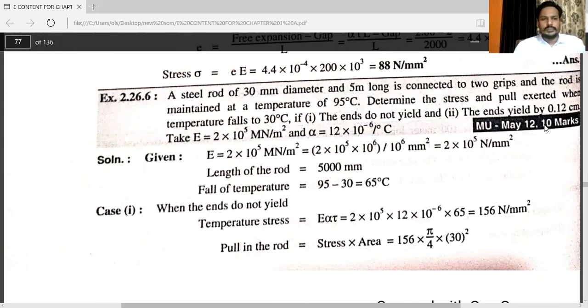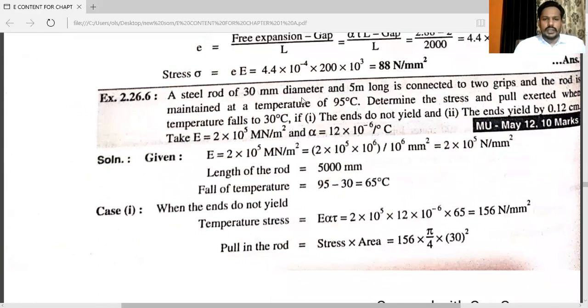for 10 marks. A steel rod of 30 mm diameter and 5 meter long is connected to two grips. The rod is maintained at a temperature of 95 degrees Celsius. Determine the stress and pull exerted when temperature falls to 30 degrees Celsius.